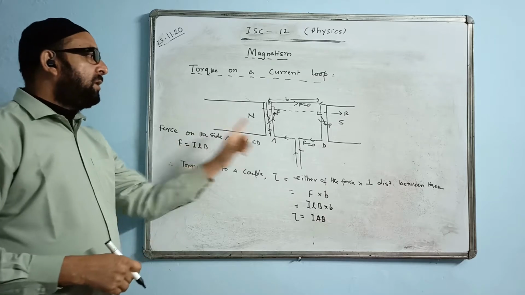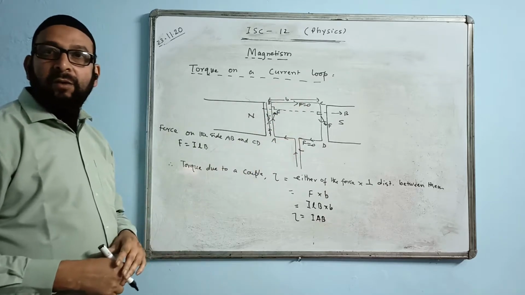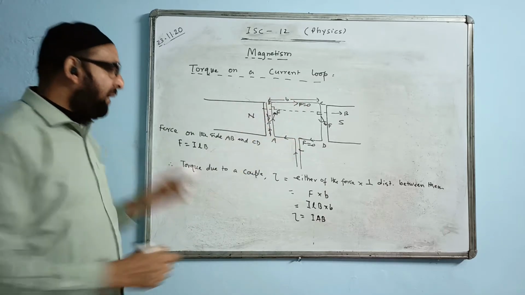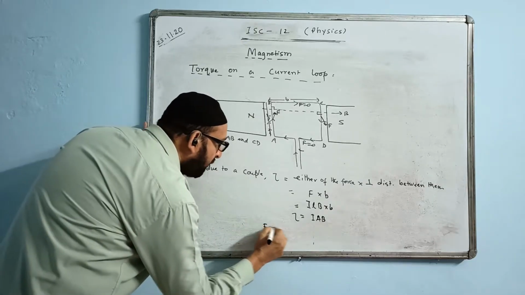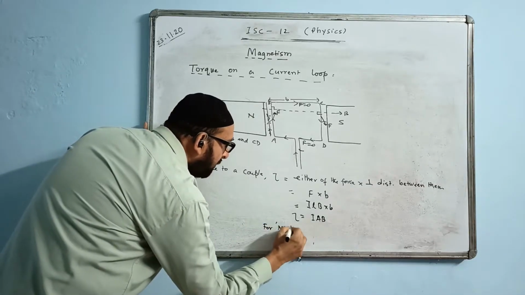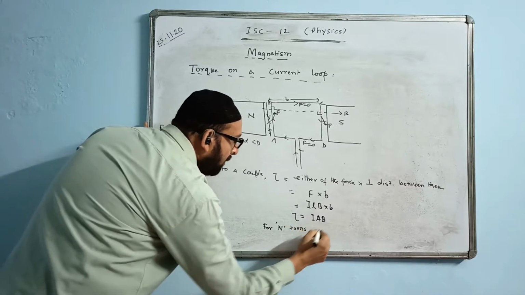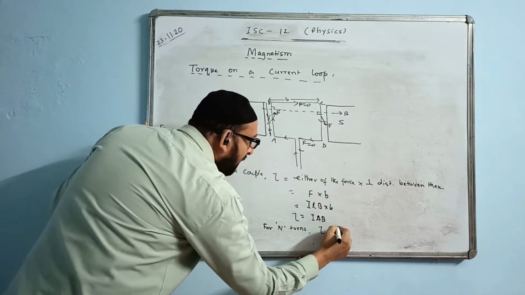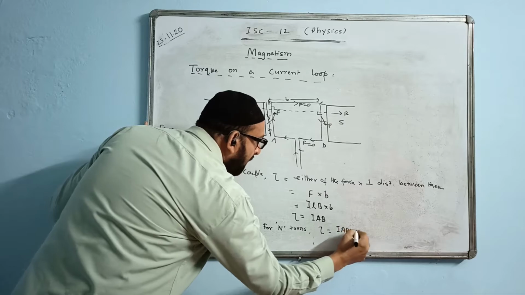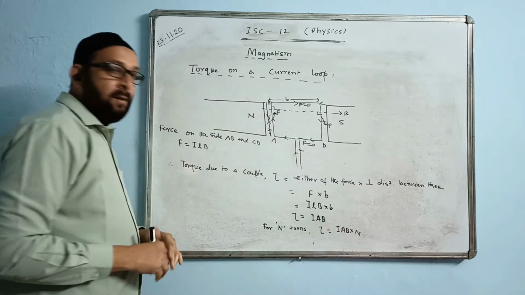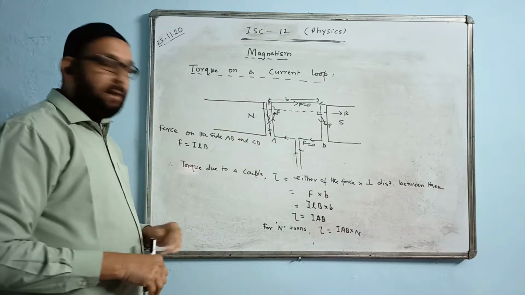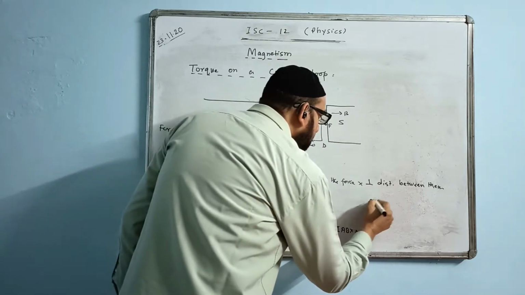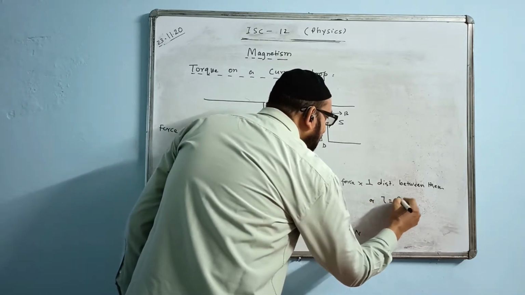This is for just one turn of the coil, one loop. If there are n such loops, for n turns, then the torque value will be equal to IAB multiplied by n. Then the answer will come IABN, or we write it like this, torque is equal to BINA.